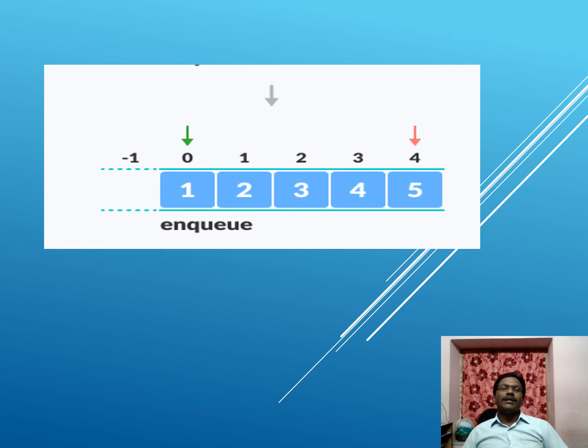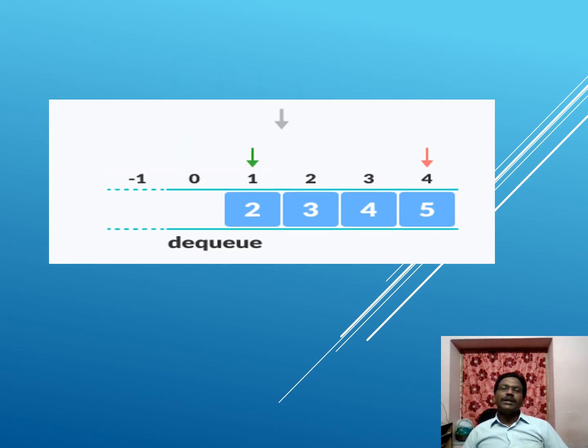In the same way, when the third, fourth and fifth elements are inserted, the rear position is increased. At present, the rear position is at the fifth element, the fourth index value. In this, no deletion operation has been performed, so initially the first element is represented by the front.